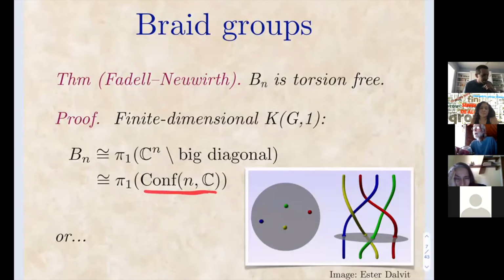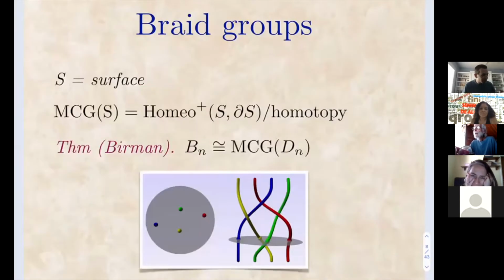Okay, so this is what I was saying on the first slide. You can think of a braid as a loop in the space of configurations. So you have points in the plane, they move, and they come back to where they started. That gives you a braid. That's what this is saying. Okay. So anyway, this is the fact. The braid group is torsion-free. That will come up later.